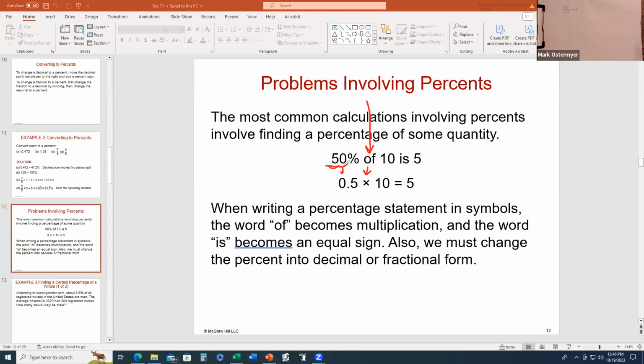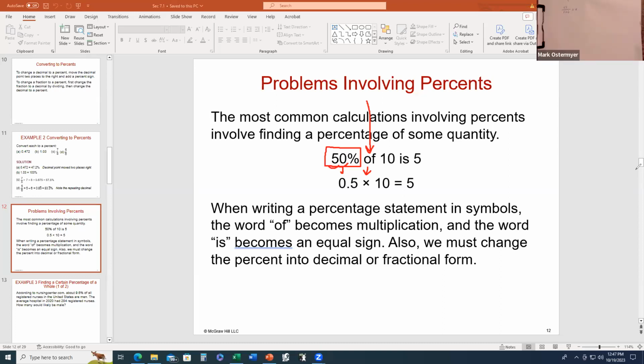How much of one whole is 50% of that one whole? If you've consumed 50% of a pizza, you've eaten what fraction of a pizza? One half. If you consumed 100% of a pizza, what fraction did you consume? The whole thing.